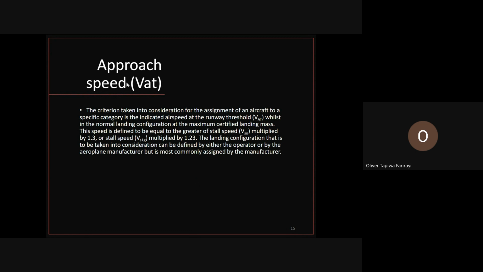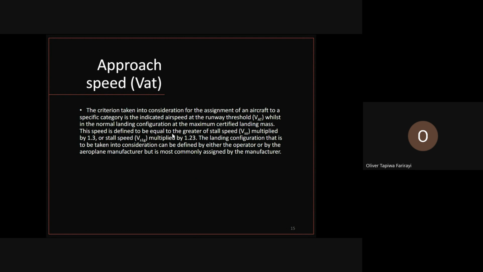Approach speed, which is translated as VAT, is the criterion taken into consideration for the assignment of an aircraft to specific categories: indicated airspeed at the runway threshold, VAT, while in the normal landing configuration. And again, we have to take into consideration the maximum landing mass.